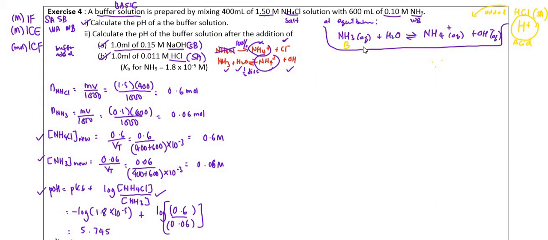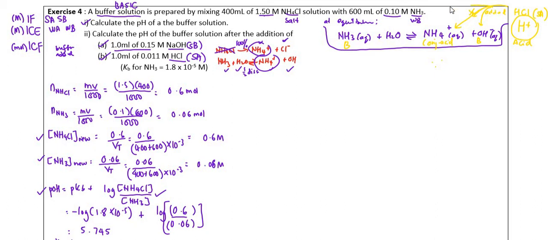Ini adalah base, ini adalah conjugate acid, dan ini adalah base. So dia akan memilih yang ini ke? Tak, sebab sifatnya adalah sama. Kalau dia memilih yang ini menjadi water. Kita tak perlu nak cari dia punya pH.